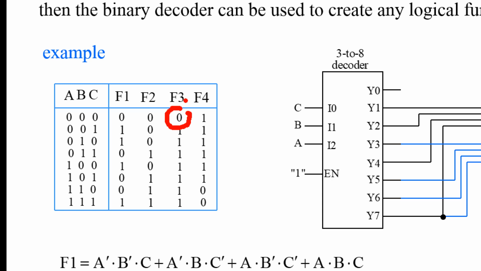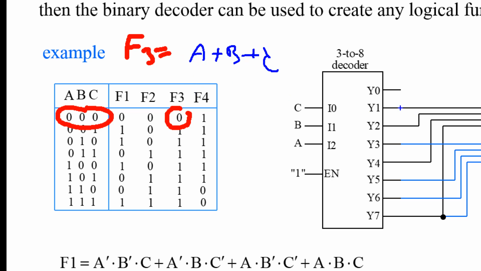For this one, function f3 is 0 only when input abc is 0, 0, 0. So you can write f3 as A or B or C, right?